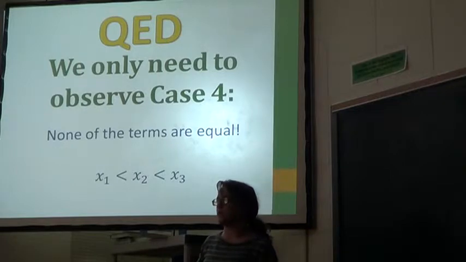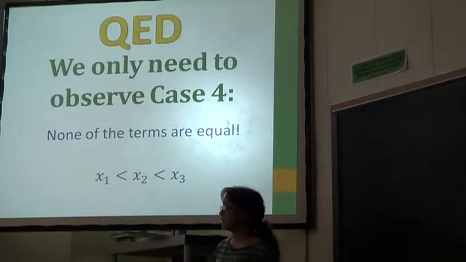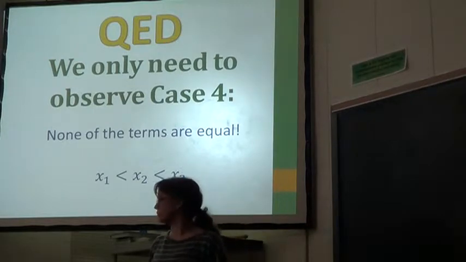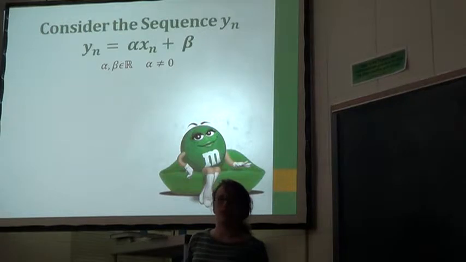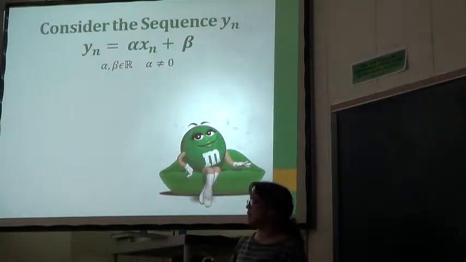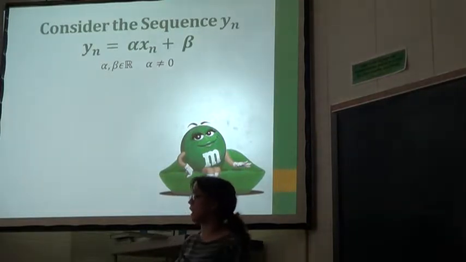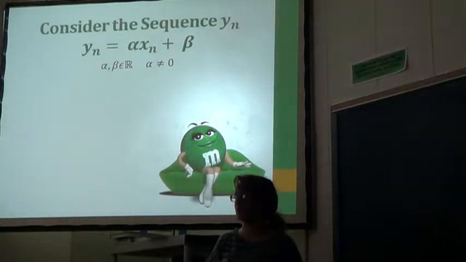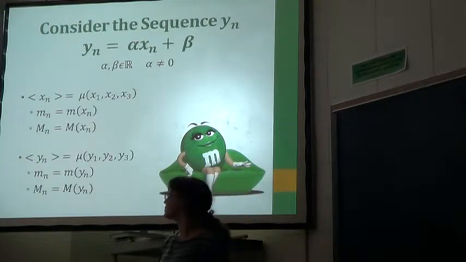So now we know that we only really need to focus on cases where none of the first three elements are equal. To narrow our viewing window even more, we're going to consider this sequence y sub n such that all the elements of y sub n are alpha times the elements of x sub n plus beta, and alpha is not equal to 0.